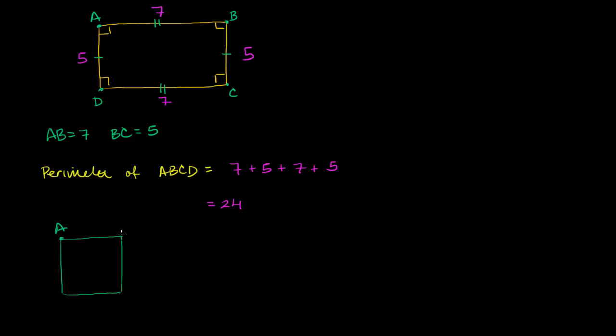So this is A, B, C, D. And we're going to tell ourselves that this right here is a square. And let's say that this square has a perimeter of 36. So given that, what is the length of each of the sides?